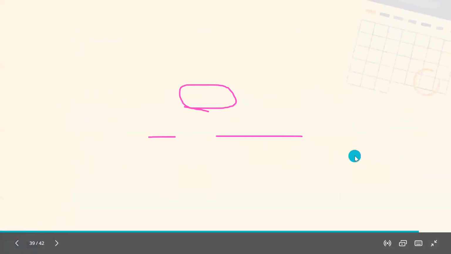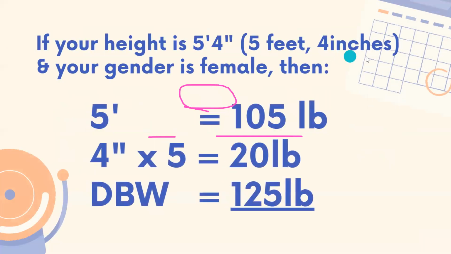So you have 4 inches, so 4 inches times 5, because in every inch there is 5 pounds. So we have to multiply this one. As a result, 4 times 5 is equal to 20 pounds.